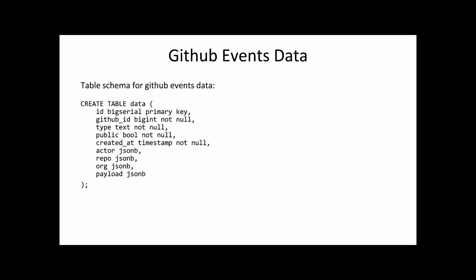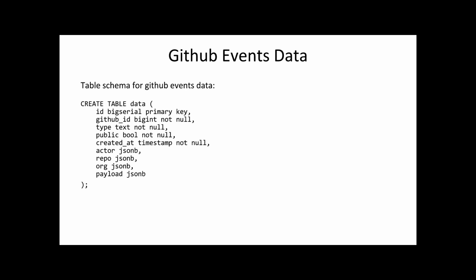So the format of the GitHub Events data is pure JSON objects. Now, it's not super practical to put those in basically one JSON column in a table. So for the purpose of this example, we're going to pull them apart a bit.